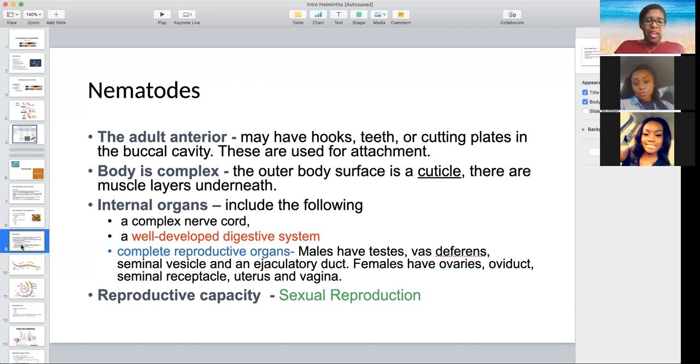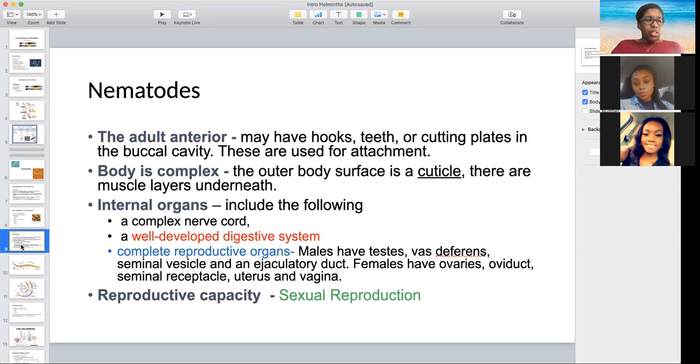Internally, they have a CNS, nerve cords and nerves and so forth. They have a well-developed digestive system. They have complete reproductive organs, as I mentioned earlier. Just like in a normal male, you see the testes, vas deferens, seminal vesicles, and ejaculatory ducts.